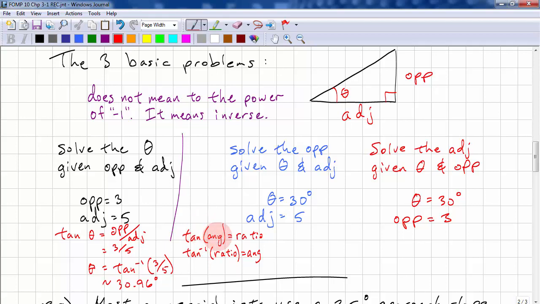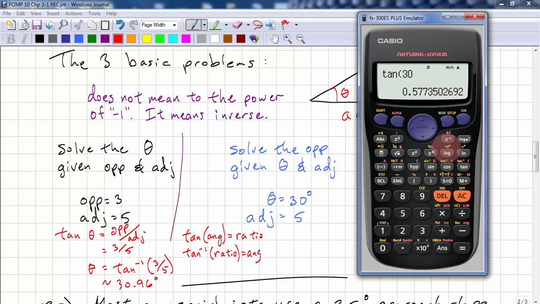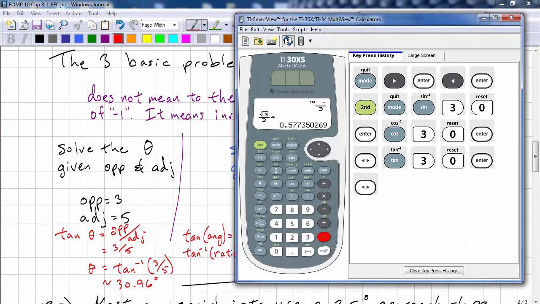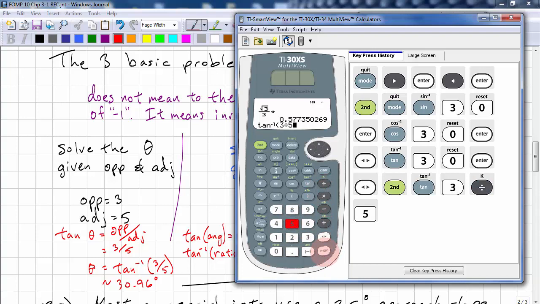It's always tangent of an angle, inverse tangent of a ratio. So let's see this. Shift tan, that gives us inverse tan, 3 divided by 5. And we get 30.96. On the TI, we go second, tan, 3 divided by 5, and we get 30.96.